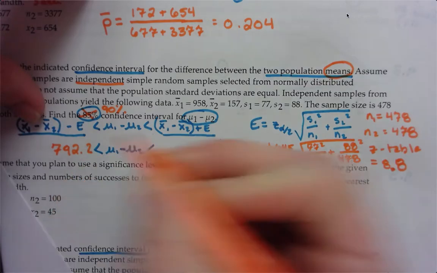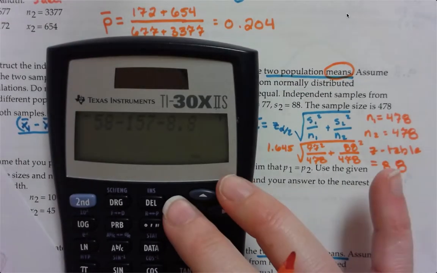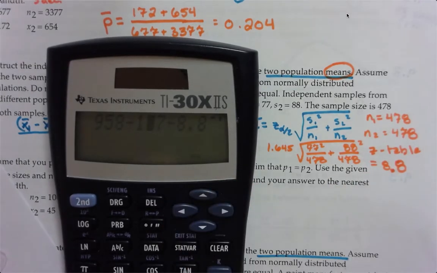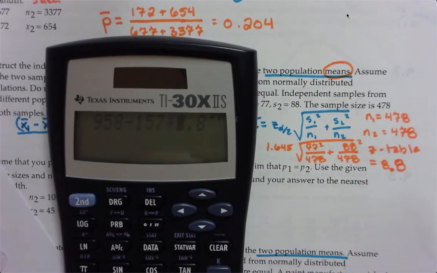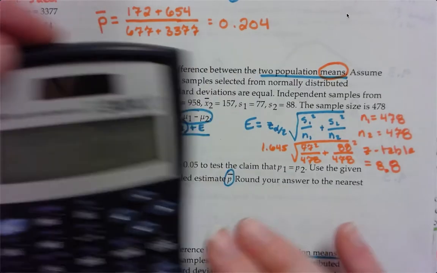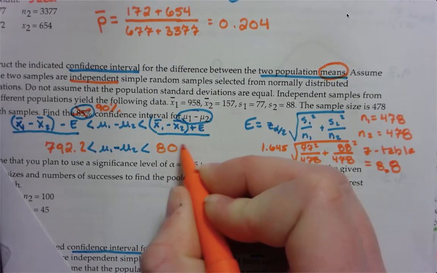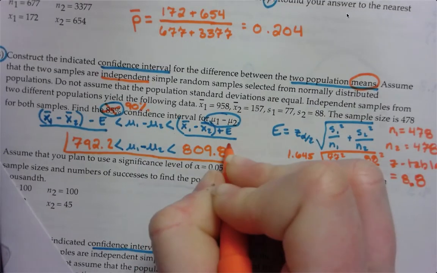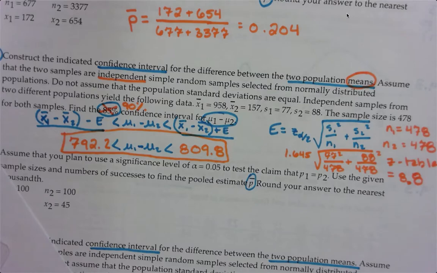And then I can go back into my calculator and add that error. I'm going to change that here to a plus, and 809.8. So this is going to be my 90% confidence interval for that, and that's what they were looking for.